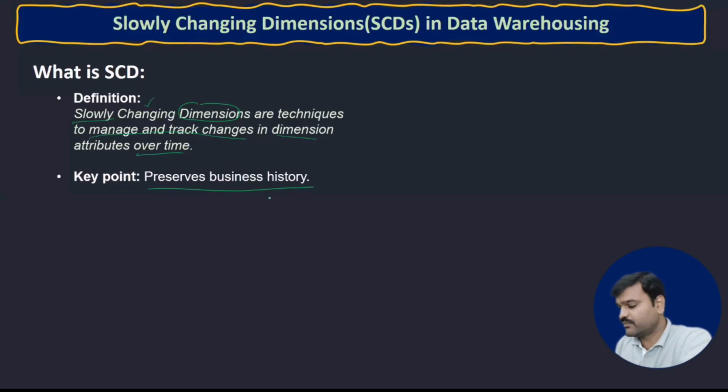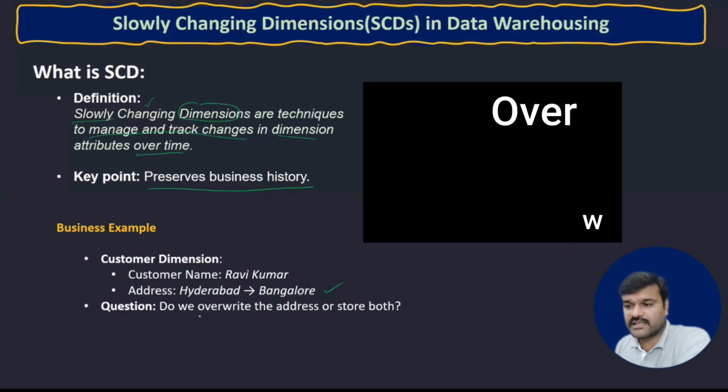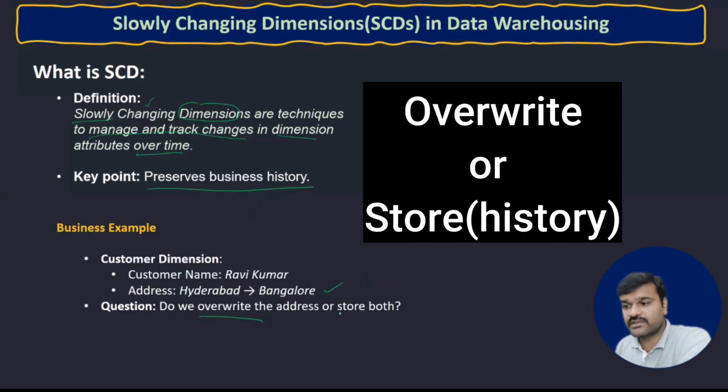For example, mobile number: you are always focusing on the current mobile number, you don't bother about the previous mobile numbers, so you need not maintain the history. So how you maintain that overall is what SCD is telling. That's the business examples, address changing and all these things. Overall, whether we are going to overwrite or we are going to store both, that's the overall discussion of SCDs.